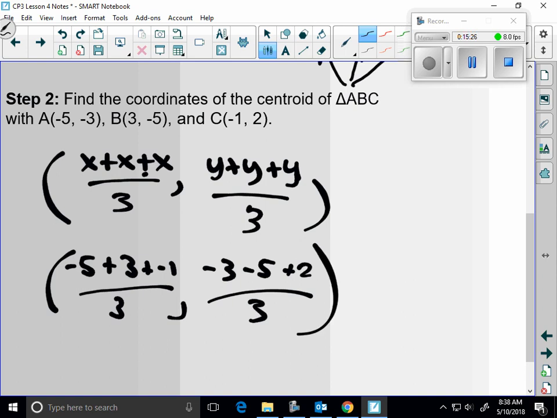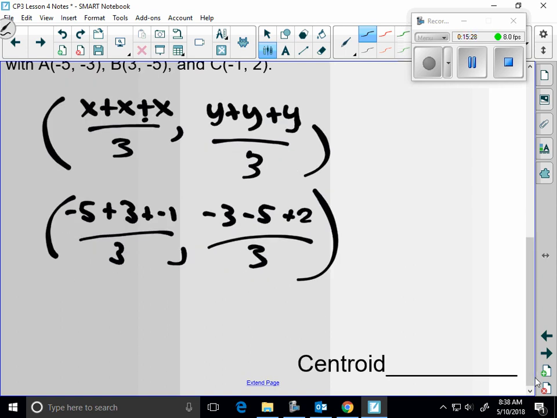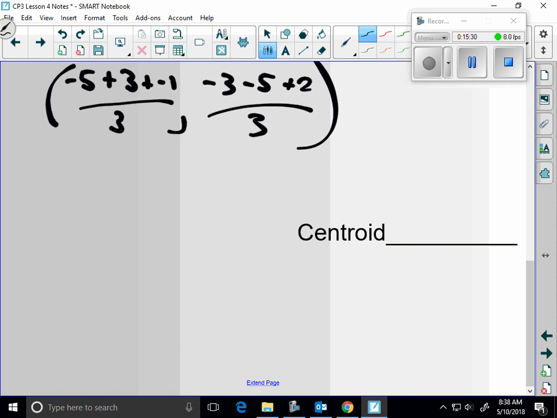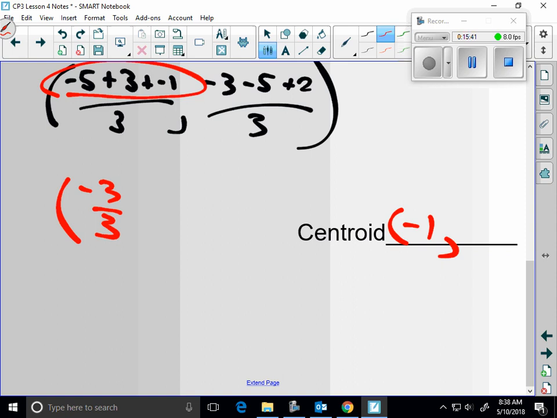And when I simplify, I get, what would this one be? Yeah, that'd be -3/3, which is -1. And what would this one be? Would it be -6? Yeah, -6/3, which is -2. Oh, that was so much easier. I wish they always did that. Centroid is nice that way.